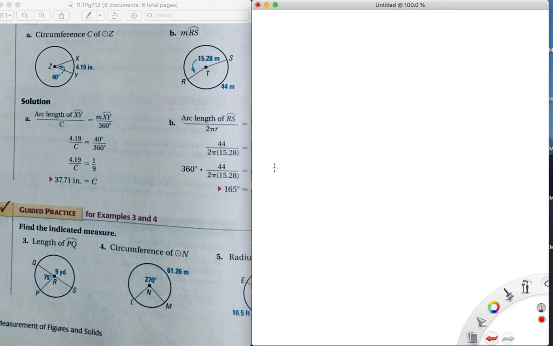For number 4, they want the circumference. So I'm going to write it this way, and they want the arc length of LM in units over circumference is equal to the measure of arc length in degrees over 360.